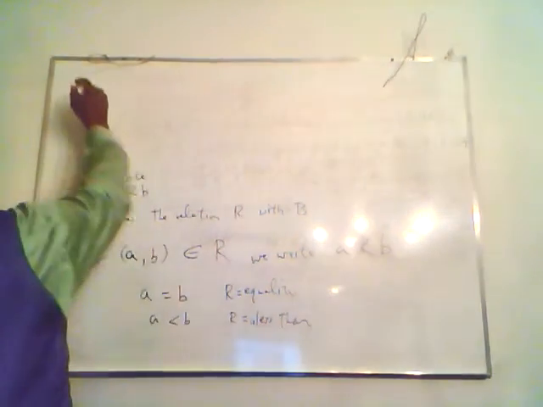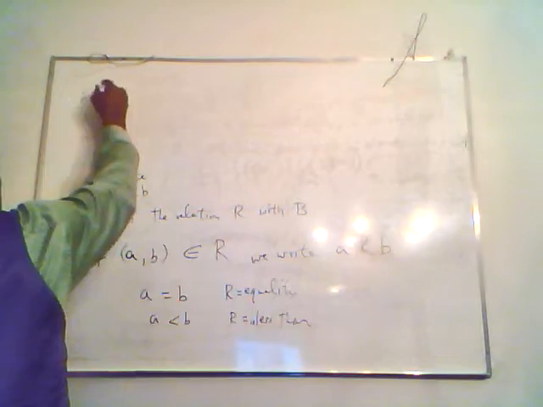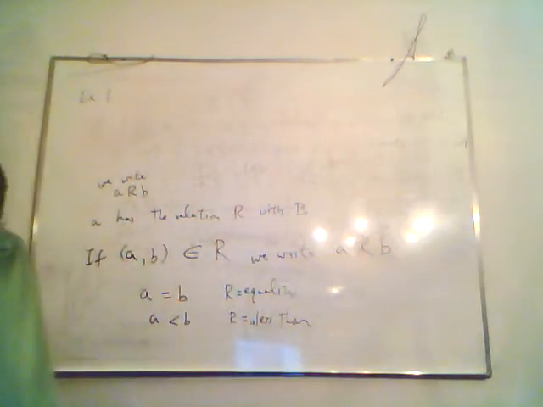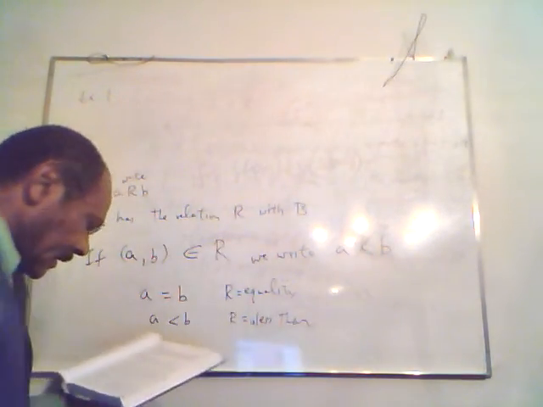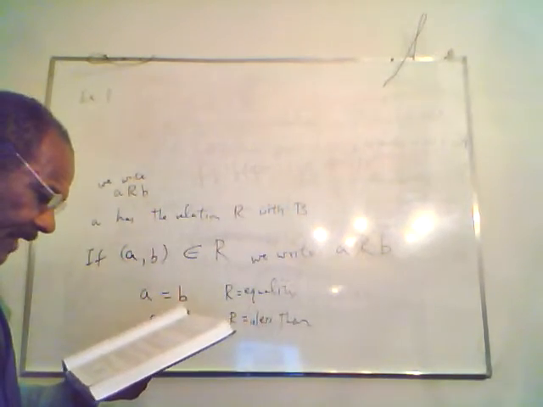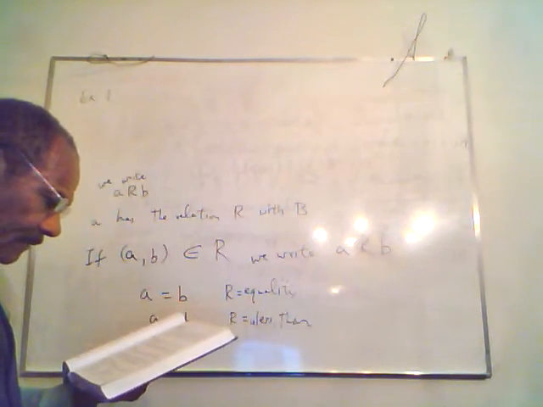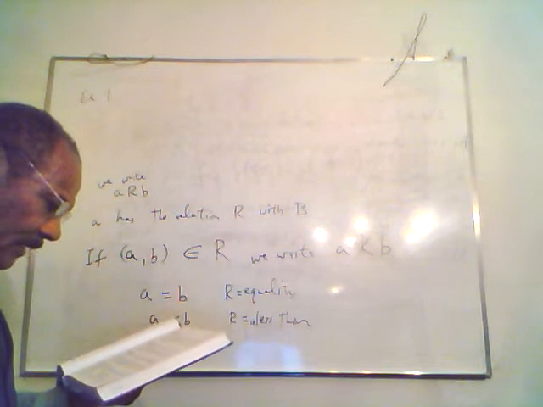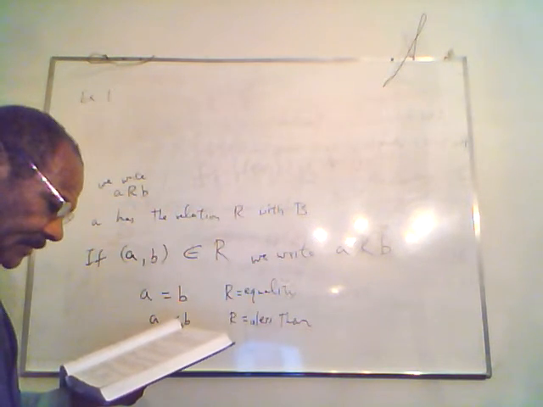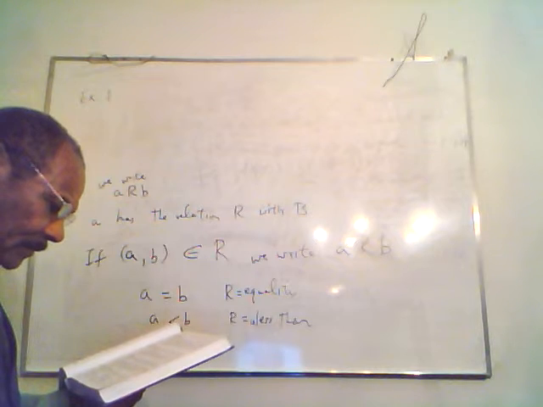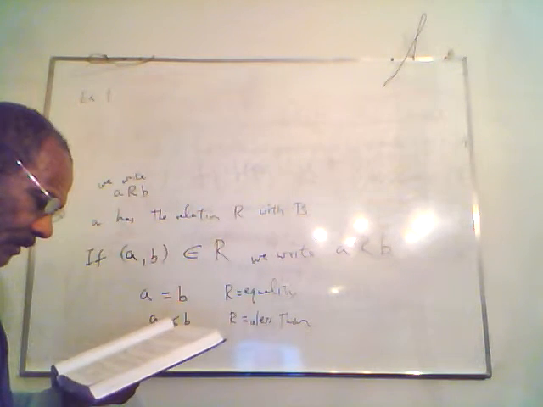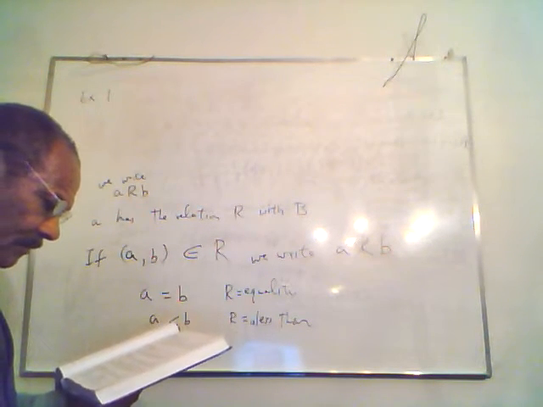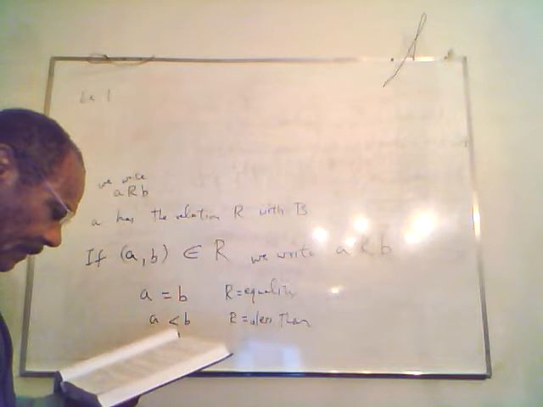Okay, example 1 on page 55. Let A be the set -2, -5, 2, 5, and R be the relation, the set of ordered pairs (5, -2), (5, 2), (-5, -2), (-5, 2).